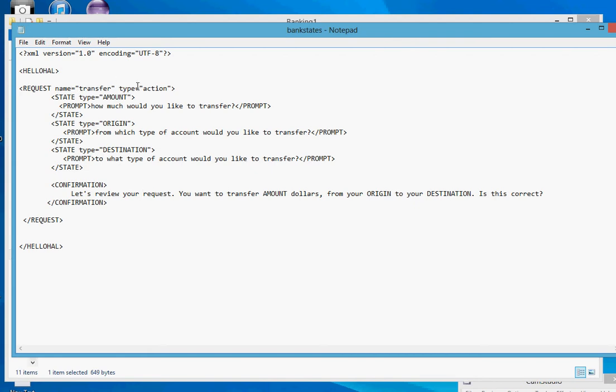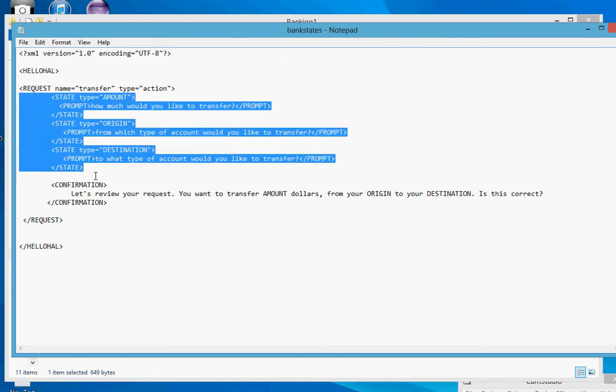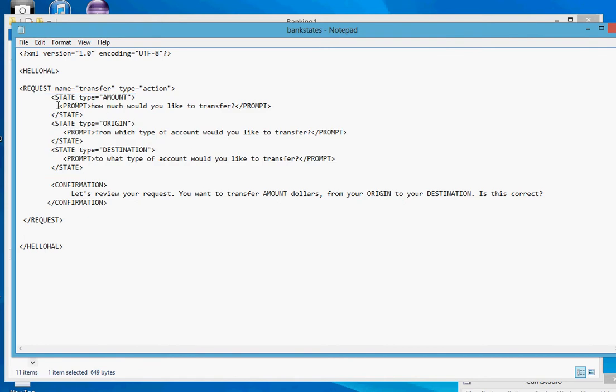Now, a quick review of how this works is that the request will contain the action, the verb that we are referring to. In this case, it is transfer, and then within that request, there are a collection of states. Those states are nothing but values that are expected for this action to be completed.